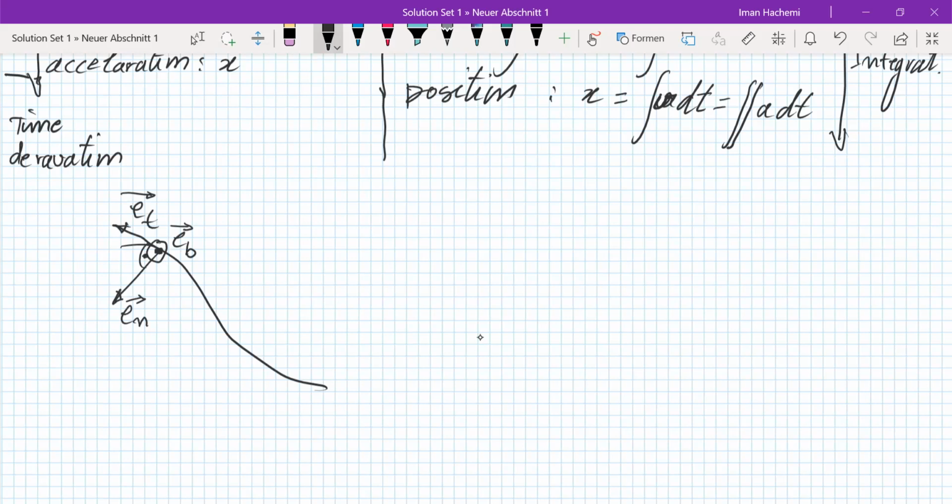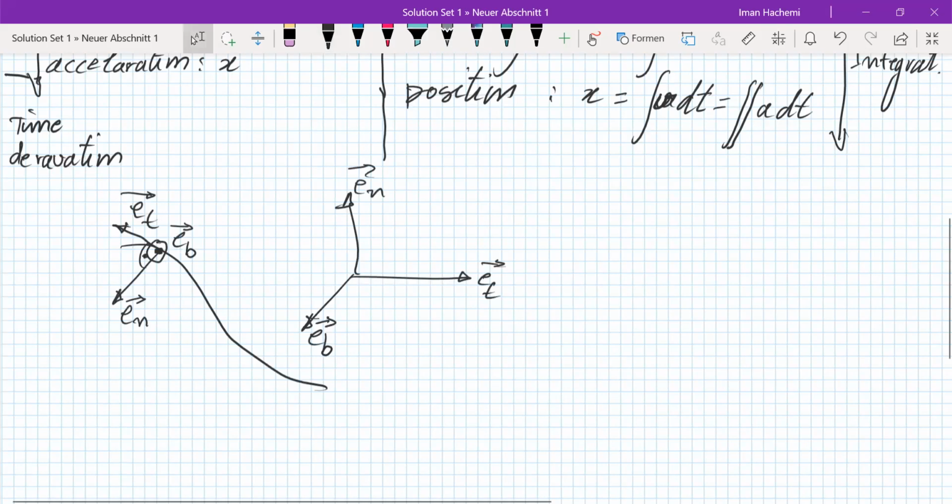It is perpendicular to the plane of ET and EN.